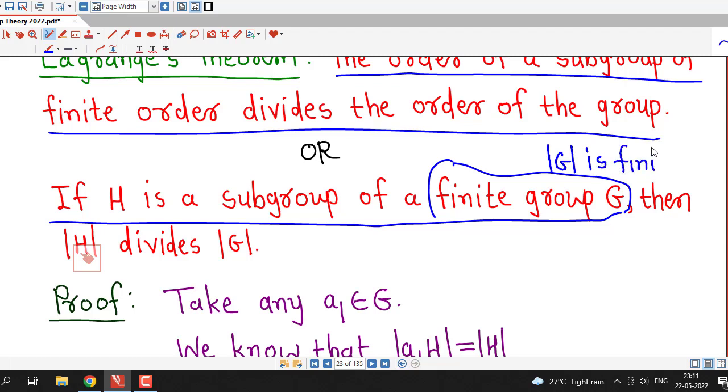If H is a subgroup of a finite group G, then order of H divides order of G.